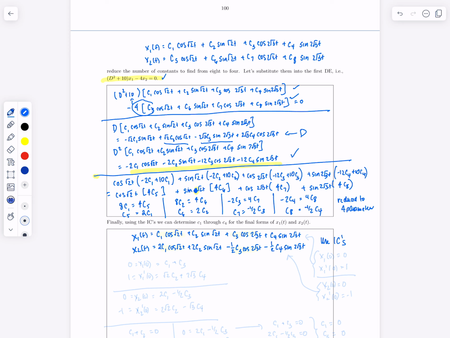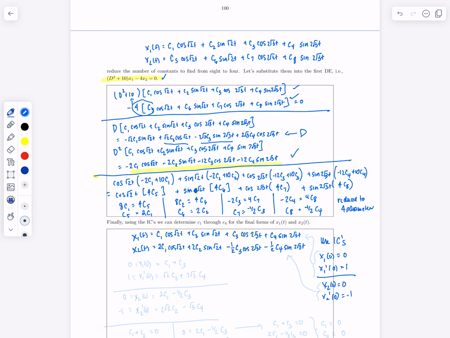For example, we know that x1 at 0 has to be 0, and x1 prime at 0 has to be equal to 1. We also know that x2 at 0 is also equal to 0, and x2 prime at 0 is negative 1.